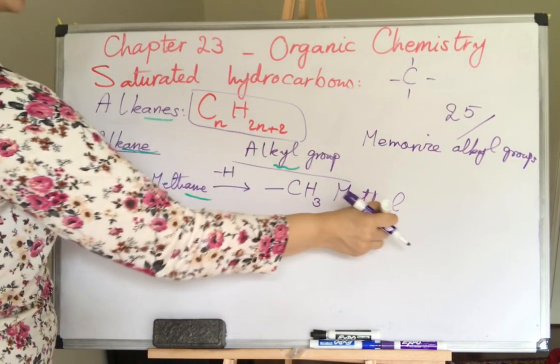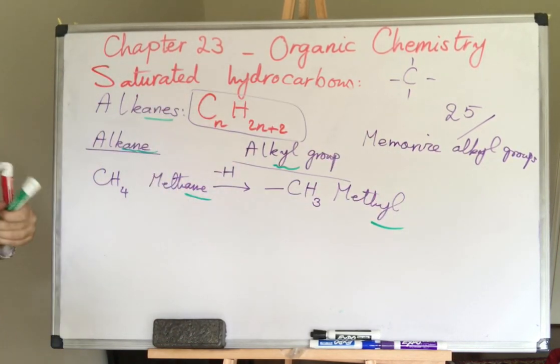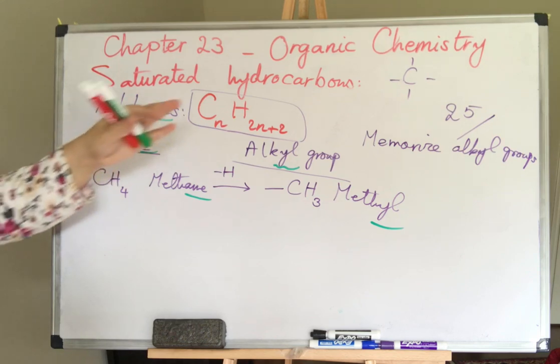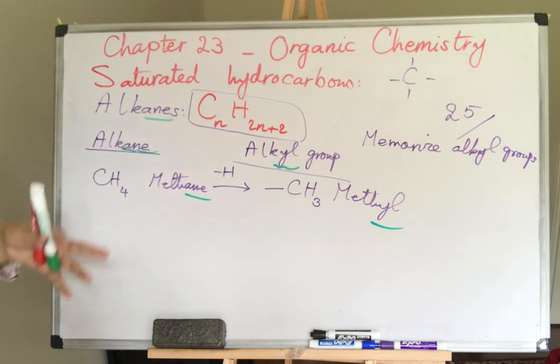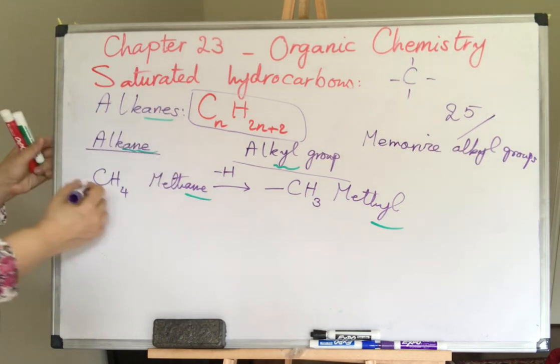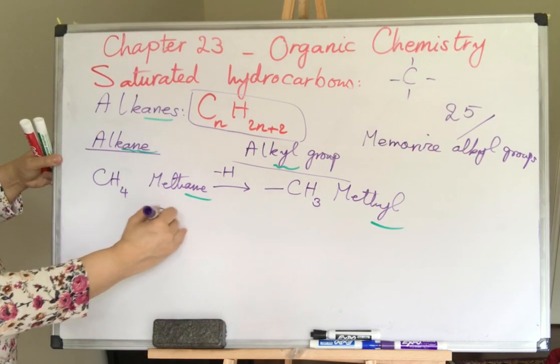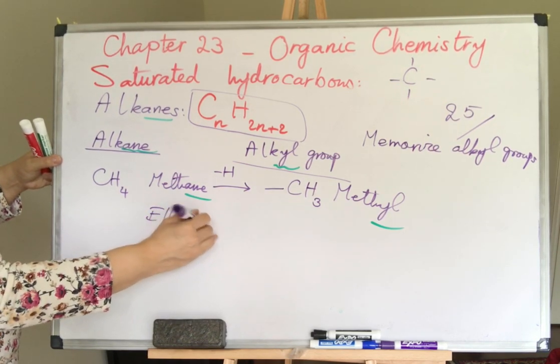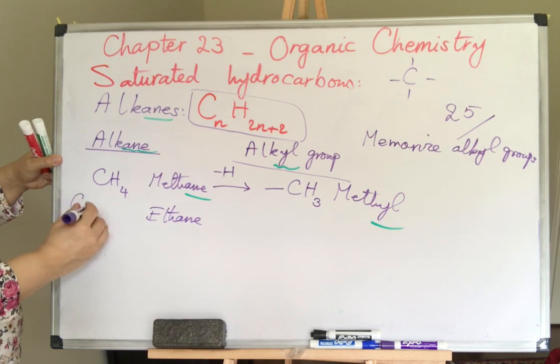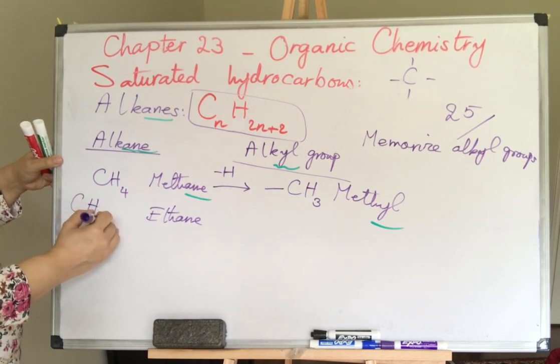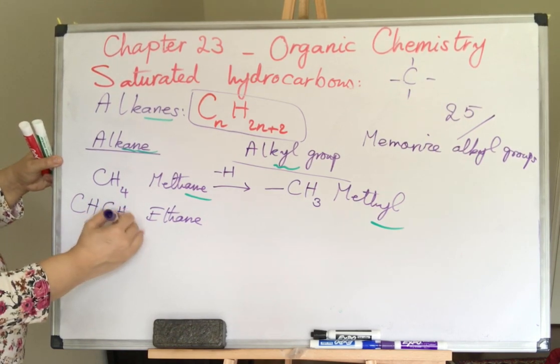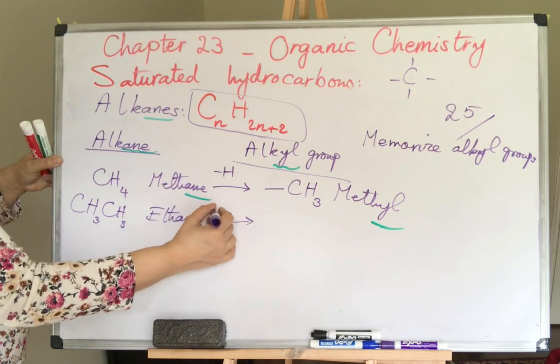Alright? I told you, the ending of the name in organic compounds must resemble the family, the group. The second one was ethane. If we write the closed structure, it's just a CH3. Now the same, and now you know the drill.